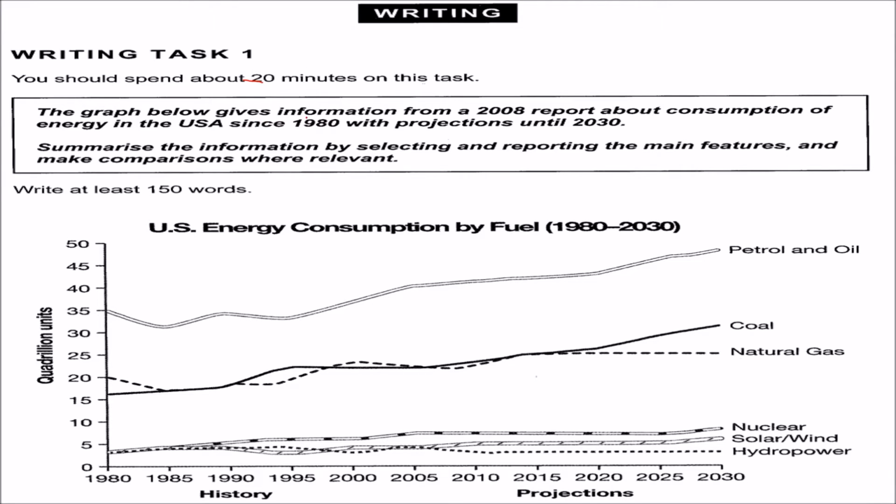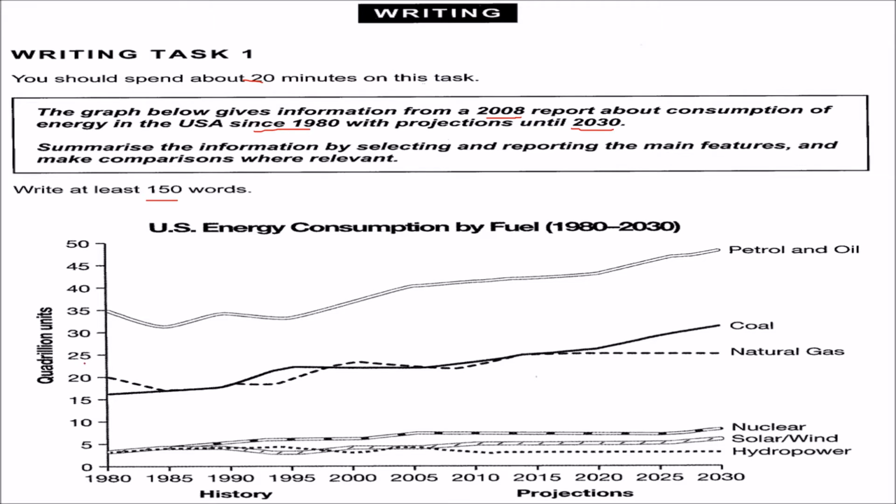The graph below gives information from a 2008 report about consumption of energy in the USA since 1980 with projections until 2030, right? Summarize the information by selecting and reporting the main features and make comparisons where relevant. And at least 150 words should be there.